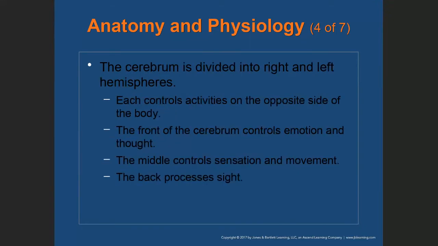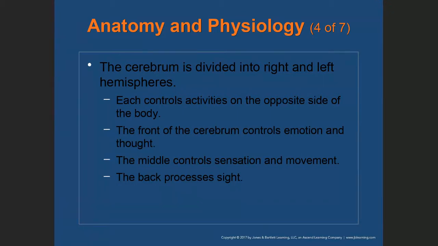The cerebrum is divided into the right and left hemispheres. Each controls activities on the opposite side of the body. The front of the cerebrum controls emotion and thought. So emotion and thought is the front portion of the cerebrum.